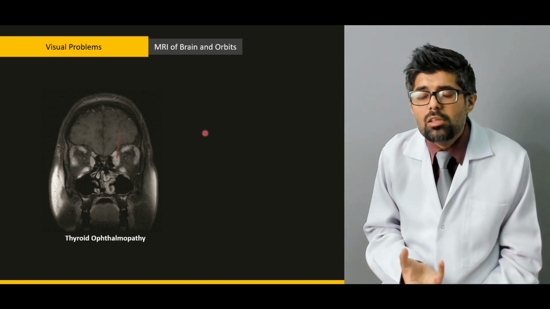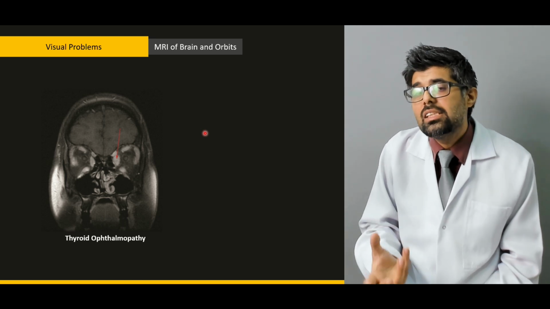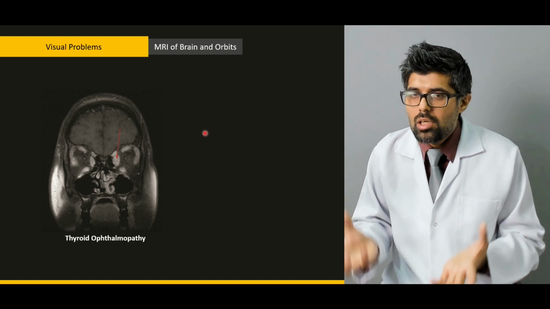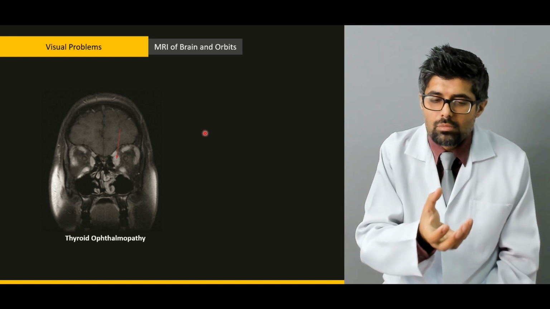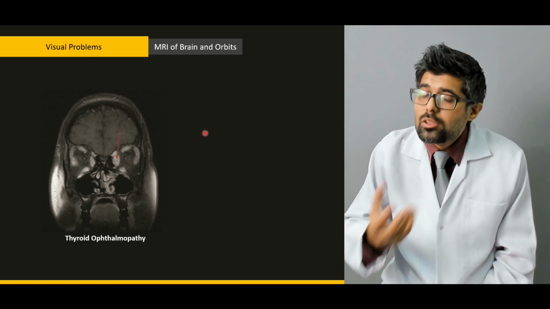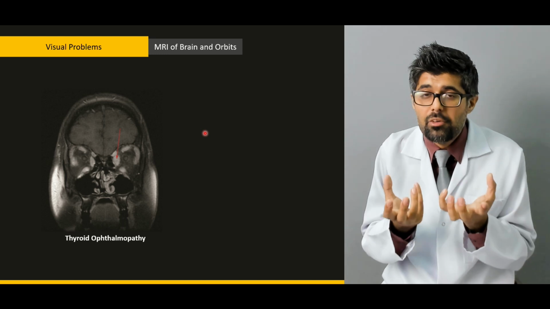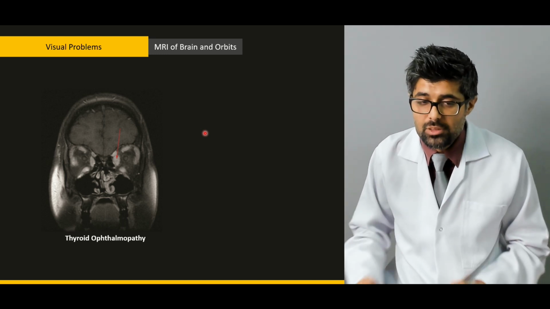Exophthalmos happens during Graves' disease, a disease where the thyroid is compromised, and exophthalmos, or the protruding of the eyeballs anteriorly, is one of its symptoms.